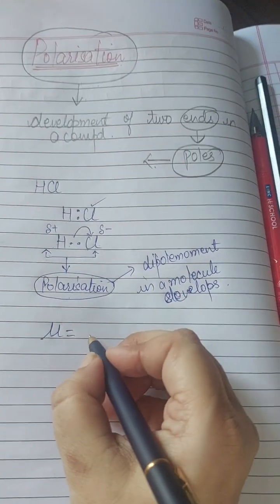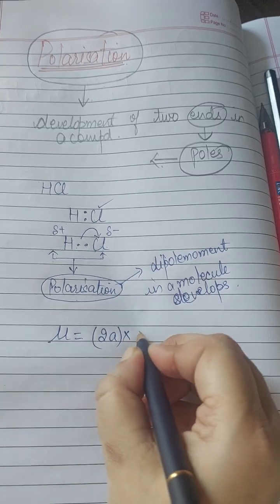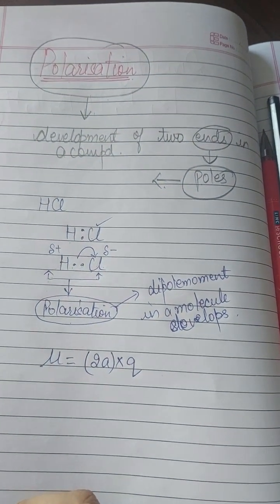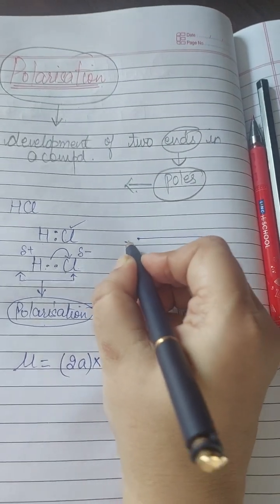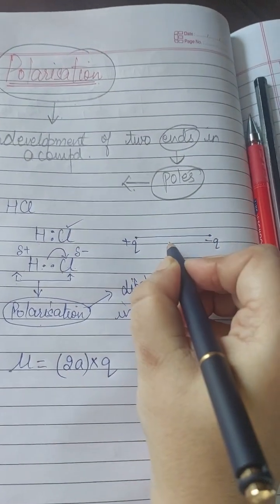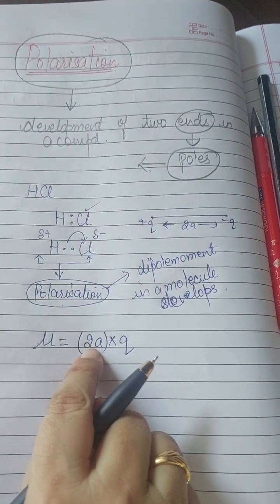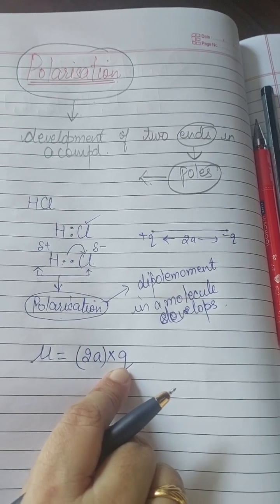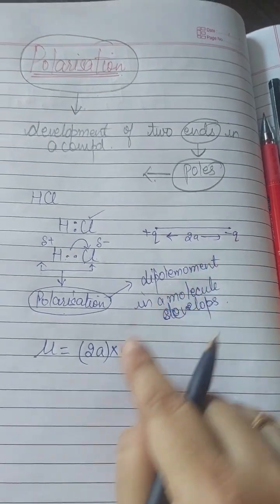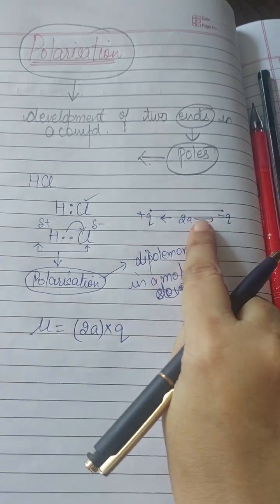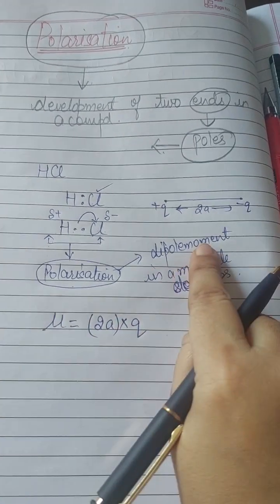Dipole moment is the product of distance between two ends and the charge on either end. Now, the distance between the two ends is always 2a. The product of the distance between two charges and the charge on either end is known as dipole moment.